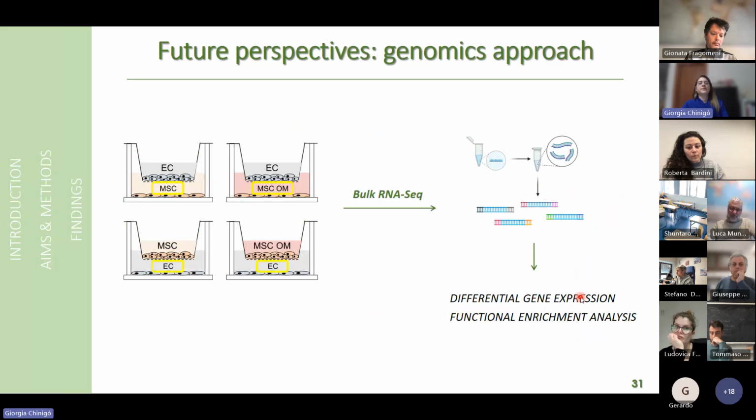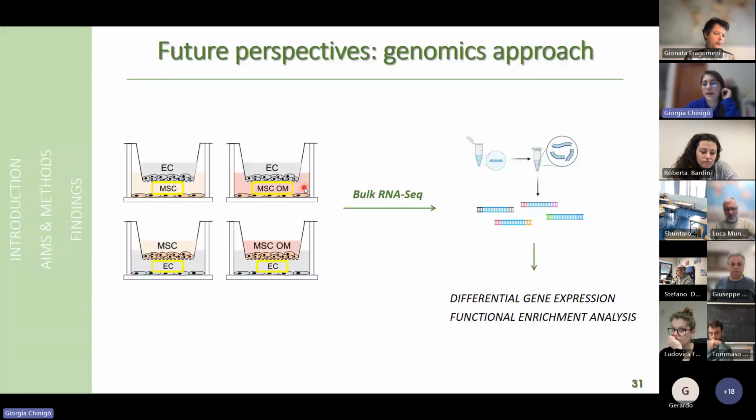I mean that in order to have a broader landscape on what happened during this co-culture, and so better details on the crosstalk between the two, we prepared some RNA samples from the same configuration I showed you before.